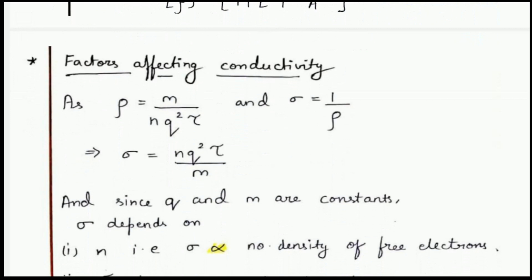From here, m, that is mass of free electron, and q, that is charge of free electron, are constant. So we can say that conductivity is directly proportional to n, that is number density of free electrons, and conductivity is directly proportional to relaxation time, that is tau.